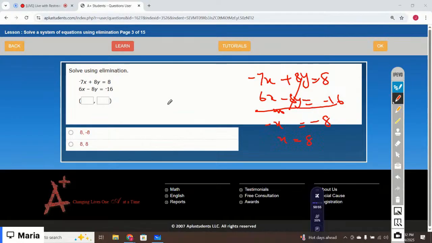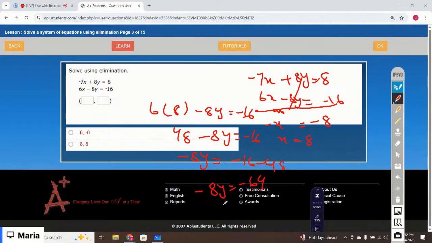x equals 8. 6 times 8, 8 times 6 is 48, minus 8y equals negative 16. So negative 8y is negative 16 minus 48. That is negative 8y equals negative 64.